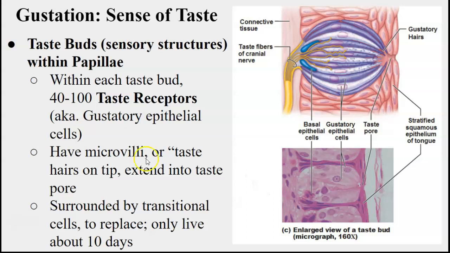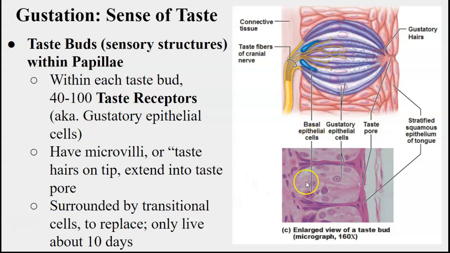And so our taste receptors are actually next door to transitional cells, which are going to replace the taste receptors as they die. So they only live about 10 days. So you're going to have some basal cells that are going to be growing and maturing into new taste receptors.